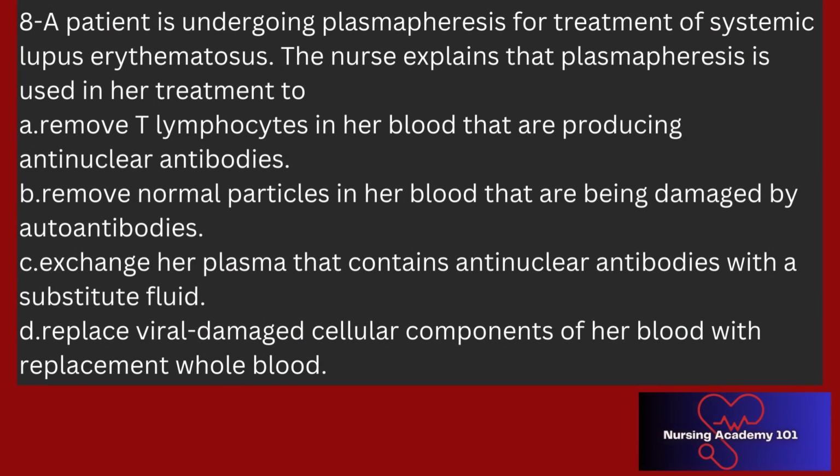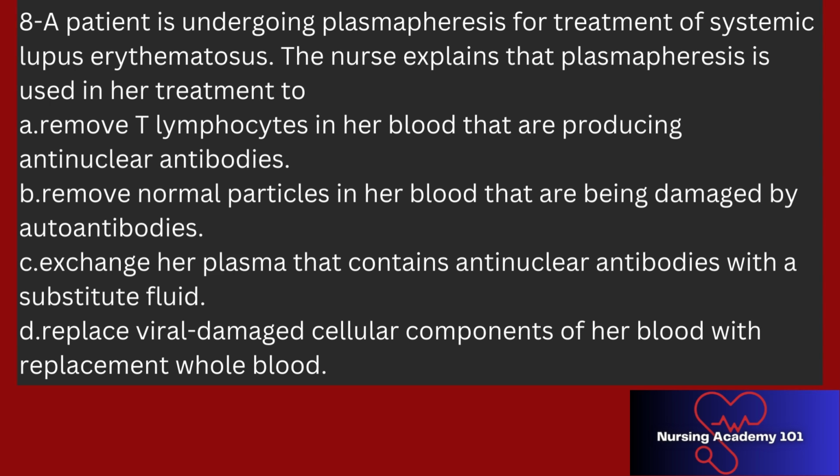Question number 8. A patient is undergoing plasmapheresis for treatment of systemic lupus erythematosus. The nurse explained that plasmapheresis is used in her treatment to: A. Remove T lymphocytes in her blood that are producing antinuclear antibodies.